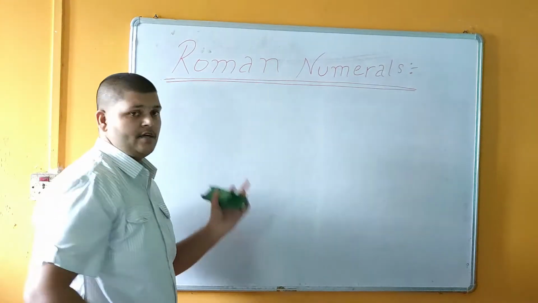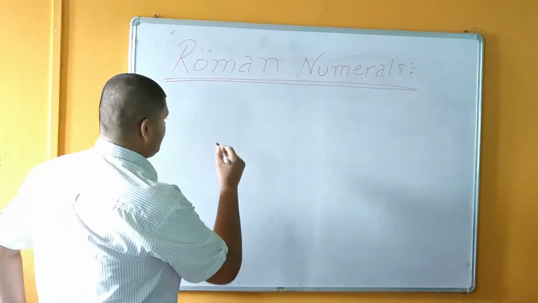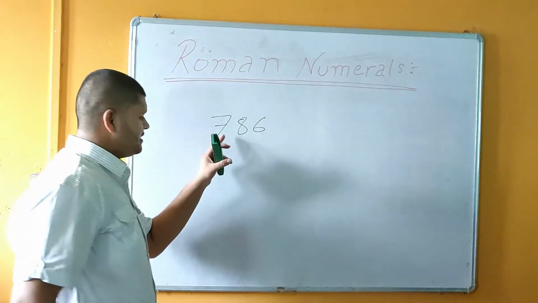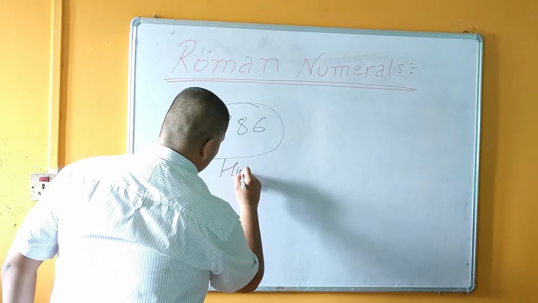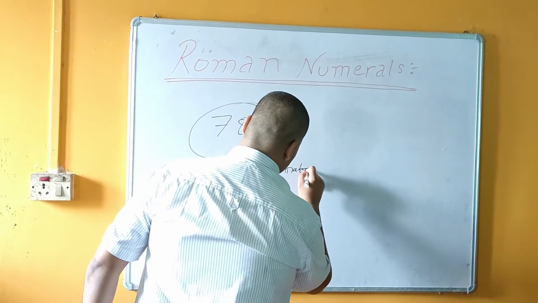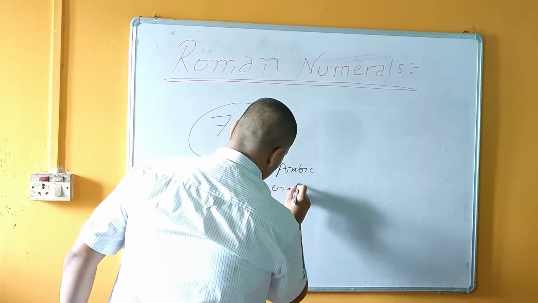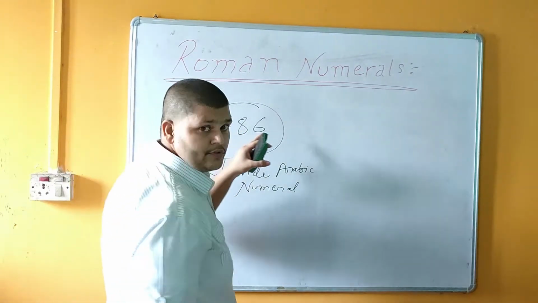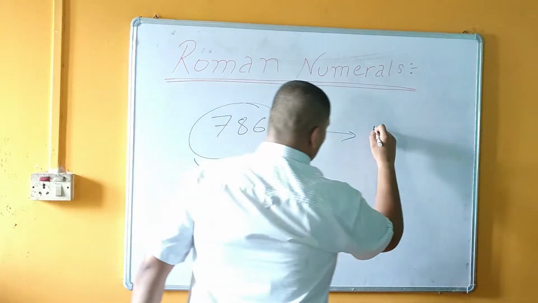In this class, we are going to see how to transform a Hindu-Arabic numeral like 786 in terms of a Roman numeral. This is the Hindu-Arabic numeral, and we are going to transform it into a Roman numeral.